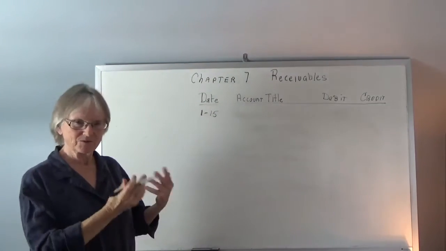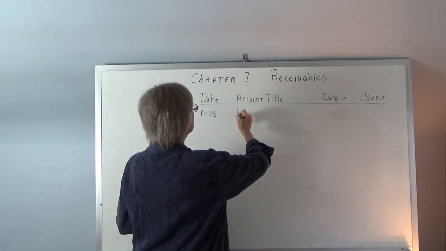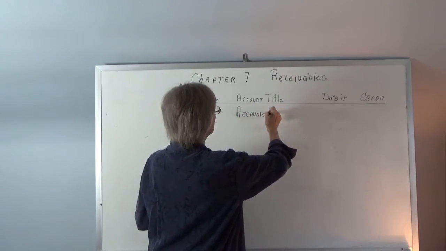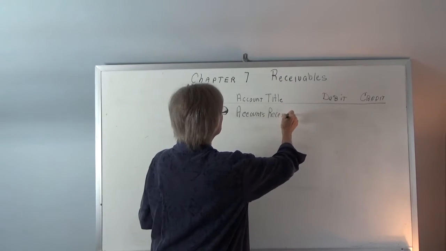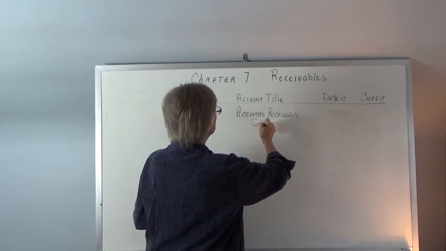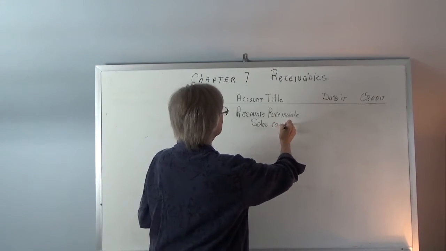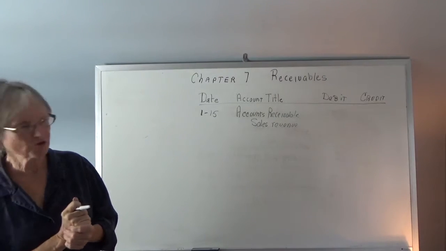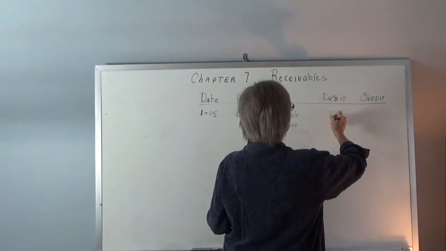That means that they didn't pay for it, somebody owes us money, so we have an accounts receivable. So that would be debited. It is an asset account, and we would credit our sales revenue because that's what happened. And a journal entry is just telling the story of what happened in journal entry form. And it was for 120.